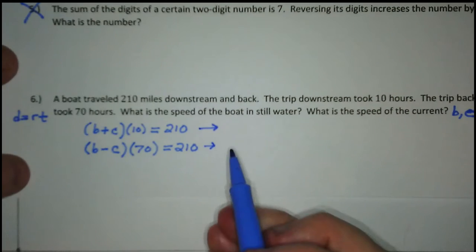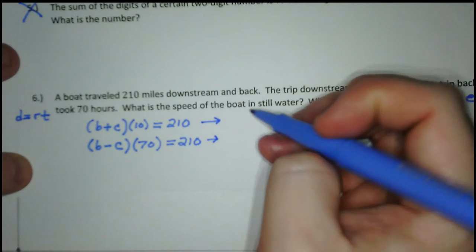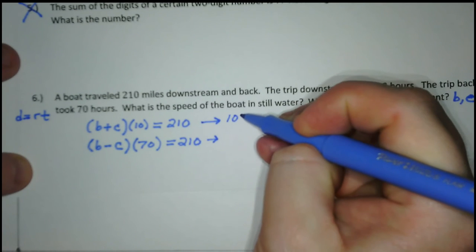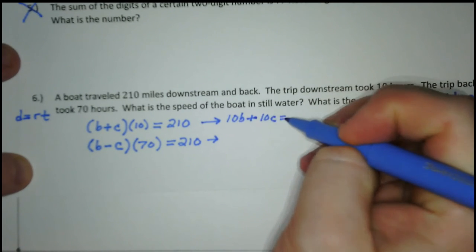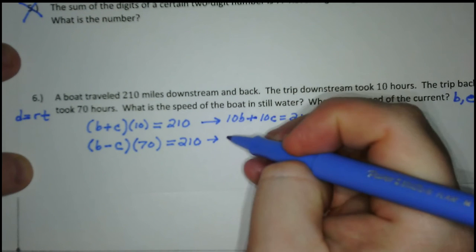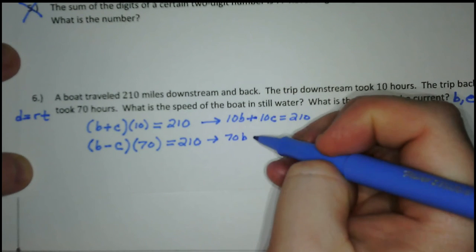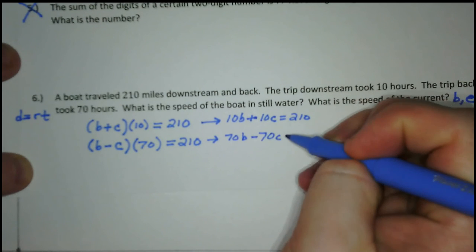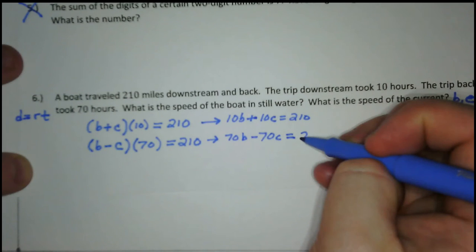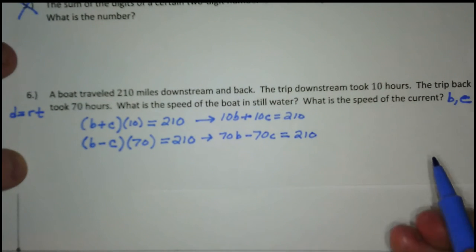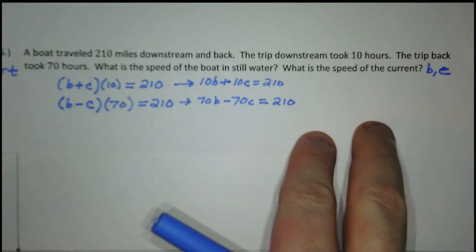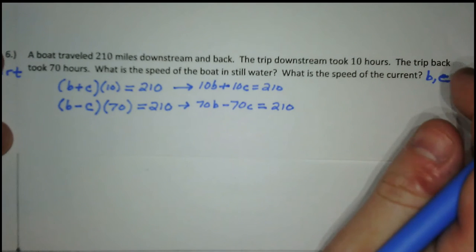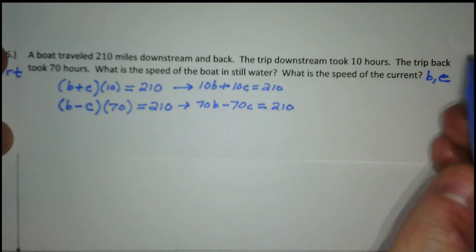Oh boy. So now we have to distribute. 10b plus 10c equals 210. 70b minus 70c equals 210. Right? And once again, I think I'm liking the elimination method.